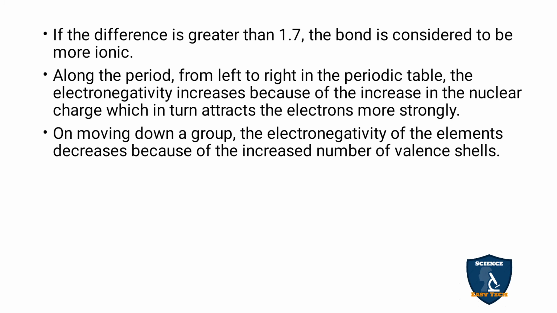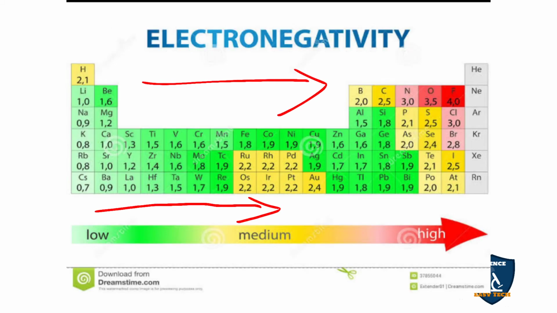On moving down a group, the electronegativity of the elements decreases because of the increased number of valence shells. So in a period it increases from left to right, but in a group it decreases down the group. You can see the values like 2.1 decreasing down the group.